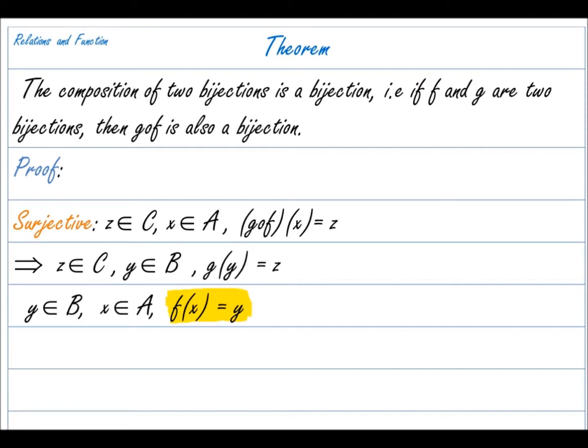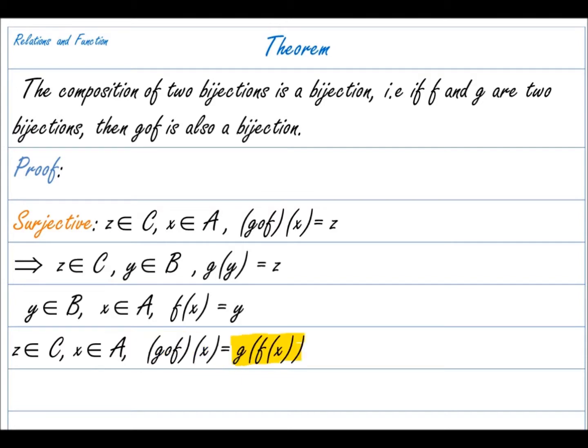So for every element z which belongs to set C, there is always present an element x which belongs to set A such that gof of x is equal to g of f of x, which is equal to g of y, and that is equal to z.